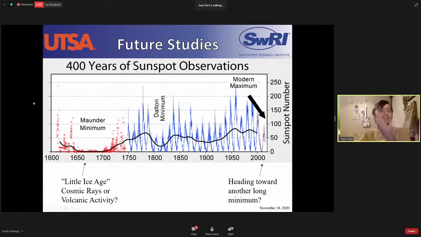And you see that between the years of 1600 and about 1800, we went through what is denoted the Maunder minimum, because it was found by Maunder. I don't remember his first name, but we call it the Maunder minimum. During the Maunder minimum, there were a lot of reports of colder weather, harsher winters, longer winters. And so we say that during the Maunder minimum, we went through a little ice age.